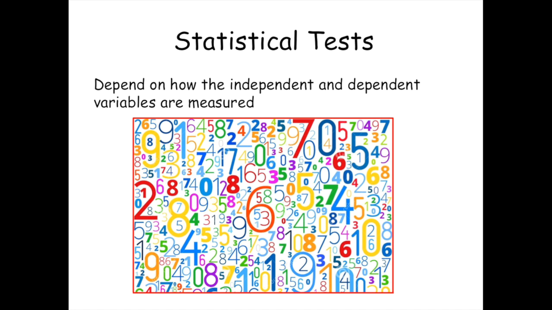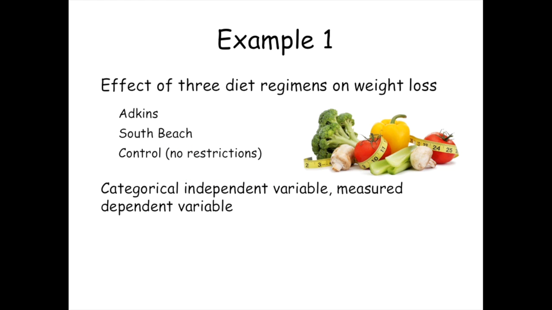Measurement is important because the statistical test that is used depends on how each variable is measured. Let's return to our examples and see what type of statistical test would be appropriate for each one. Example 1 has a categorical independent variable and a measured dependent variable.